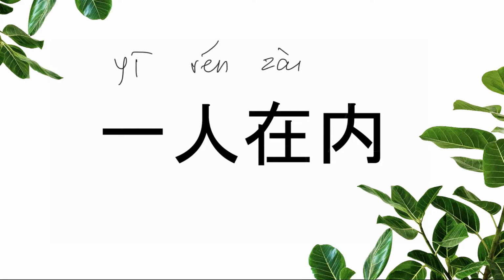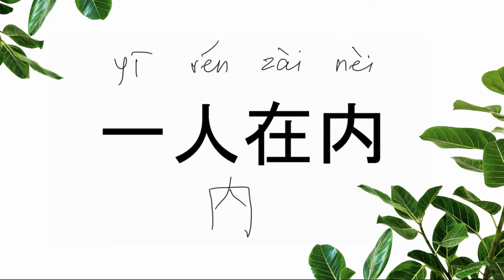一人在内，一人在内. Literally, it means one person inside, one person inside. So our first clue to solving this puzzle would be to look at the last character, which is 内, which has a character 人 inside.